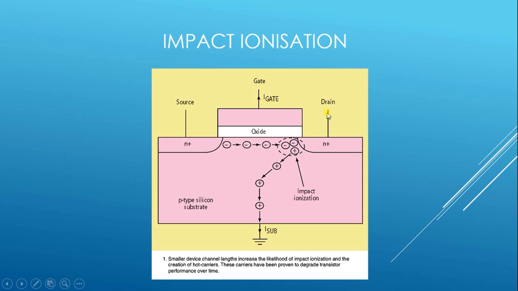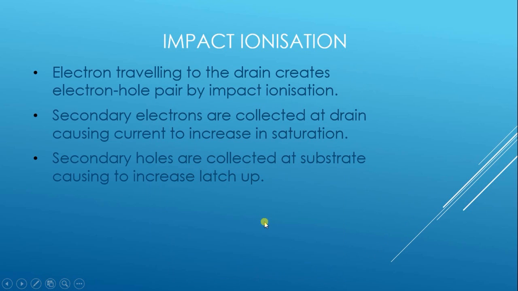So now our ID is increased, and because the molecule has lost one of its electrons, it now has a deficiency of electrons, and a deficiency of electrons is nothing but holes. Holes move towards the substrate, and these holes moving to the substrate cause latch-up, and latch-up is of course an unwanted phenomenon.